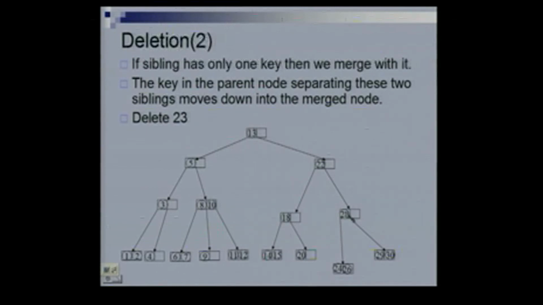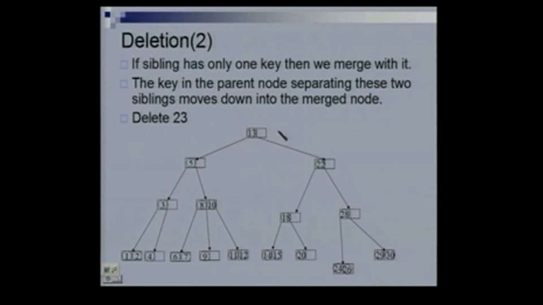So this would have merged, which means this would have come down, we would have created one node with 18, 22, which essentially means I would have deleted something from here. But if I am deleting something from here, this becomes empty. So again it will merge, and in this manner eventually it might be that the root has to be removed and the height of the tree reduces by 1. We had seen this example for the case of a 2,4 tree. Same thing happening here, exactly the same thing.